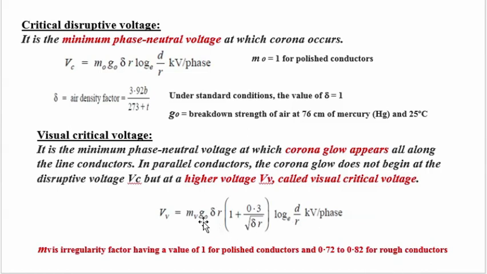In the same way, g naught is breakdown strength at 76 centimeter of mercury Hg and 25 degrees centigrade. Sigma is the air density factor given by 3.92 b divided by 273 plus t, and d is spacing between conductors, and r is the radius of the conductor.